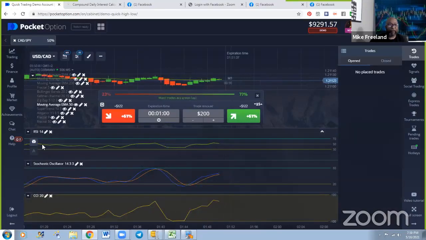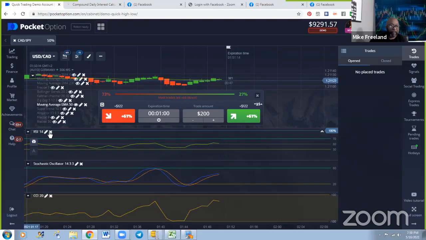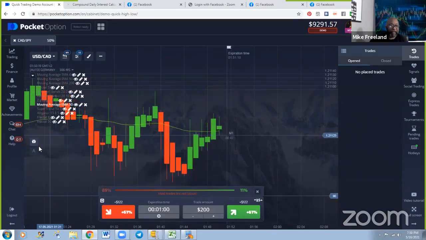Don't even worry about these indicators. As a matter of fact, I'm going to go ahead and remove these indicators. I don't want you to get confused over any indicators, okay? Because this particular system takes as much worry as possible out.